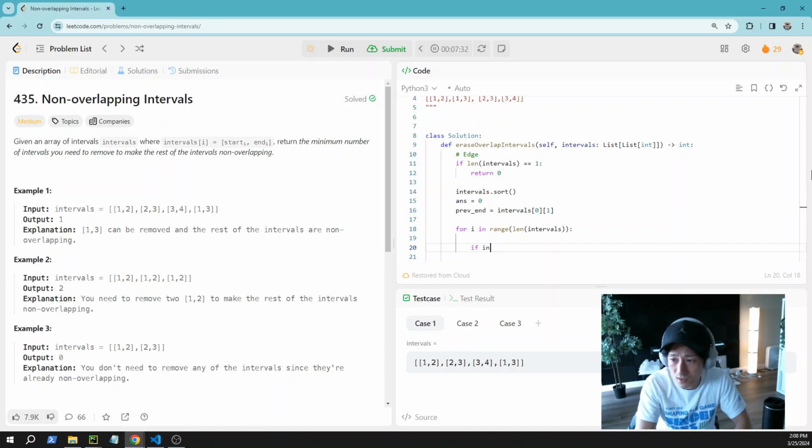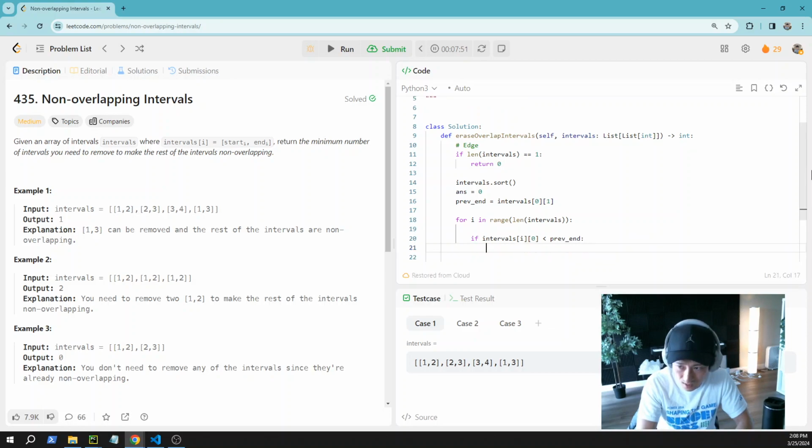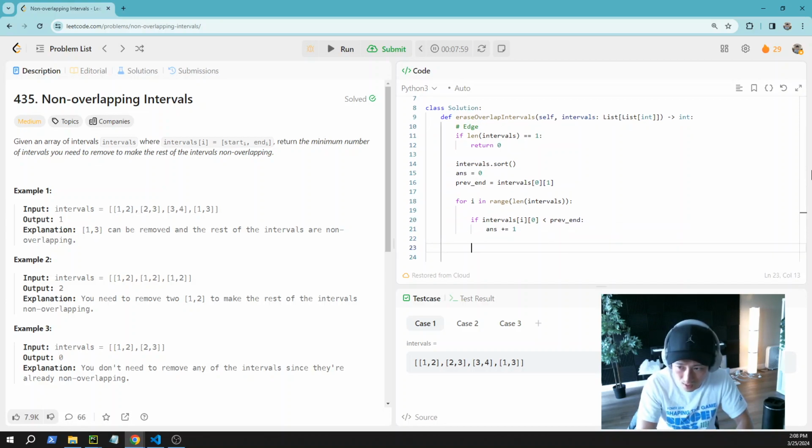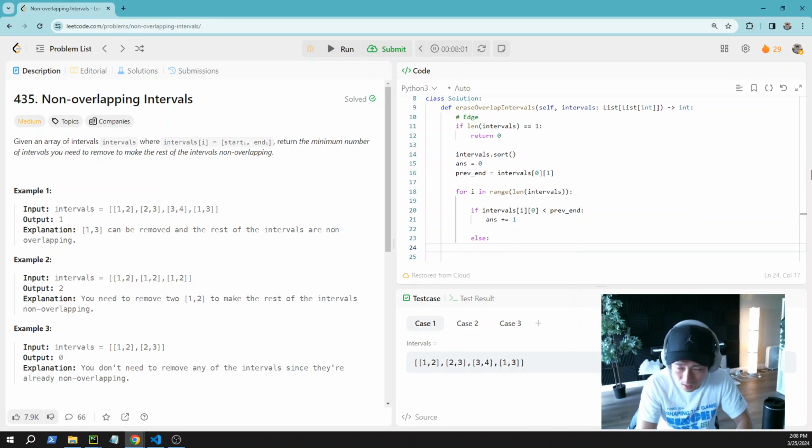If the current start is less than, or equal to, no, not equal, less than the previous end, in that case I'm gonna increment the answer.